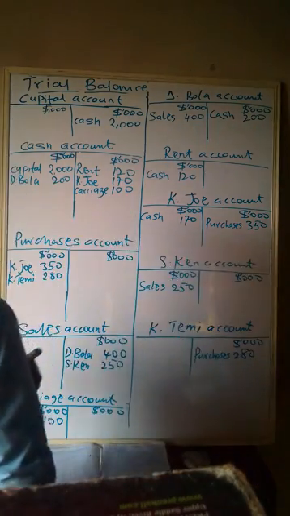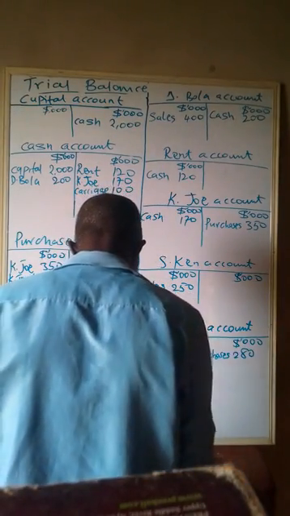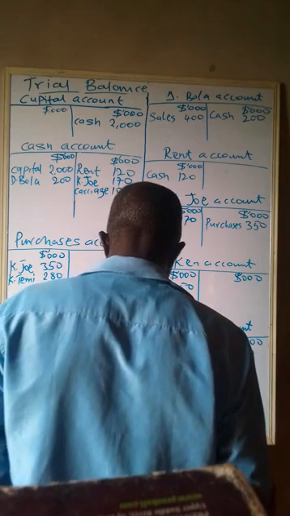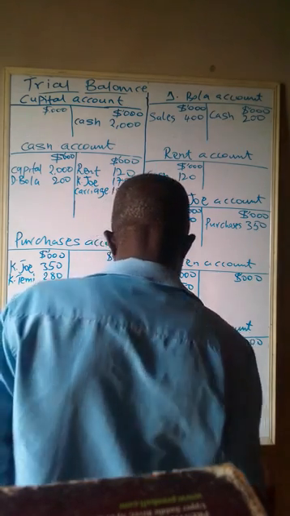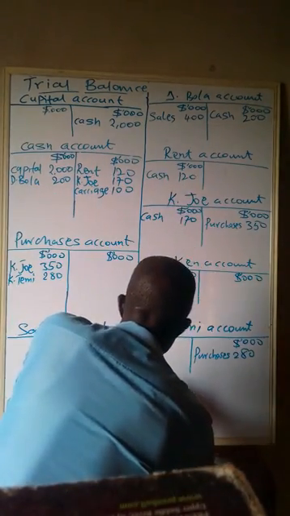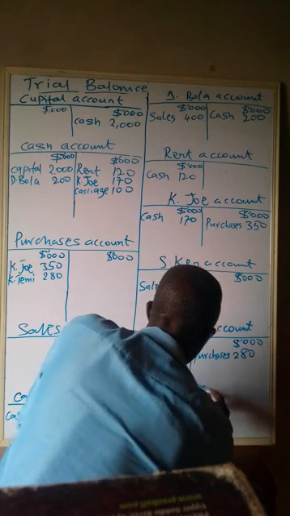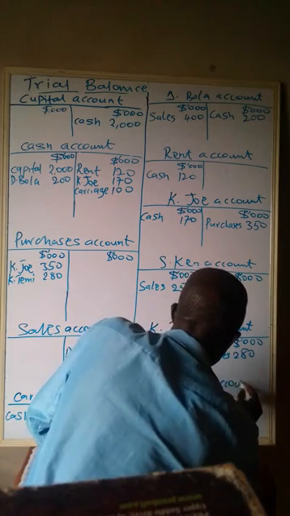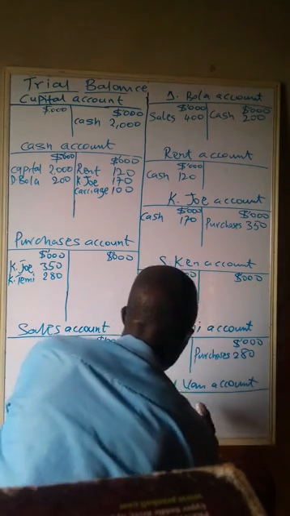Next, the last but not the least, May 38th, bought motor van paying by cash. I have to open the motor van account here. Motor van account.